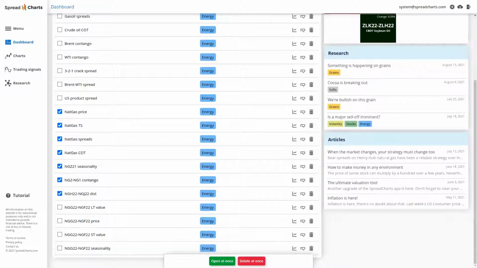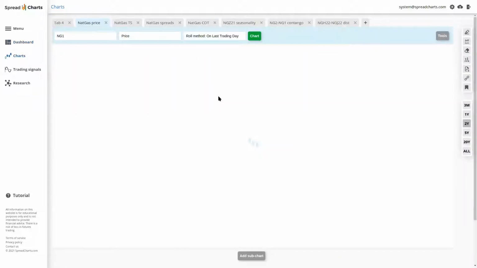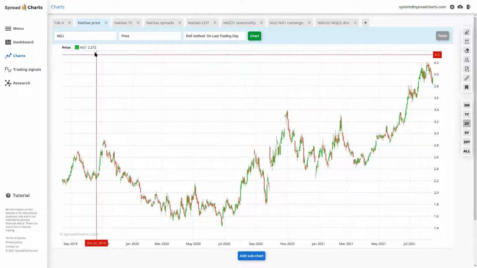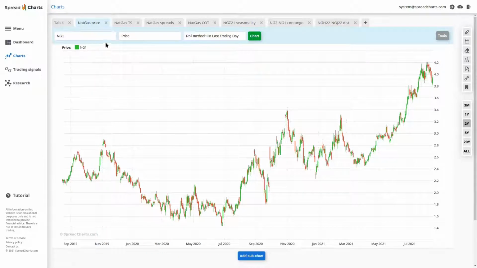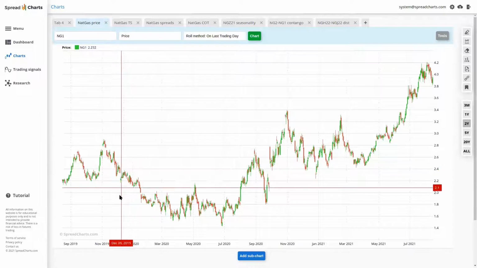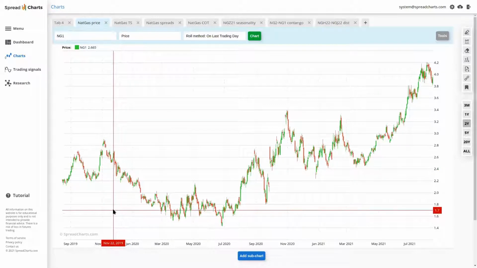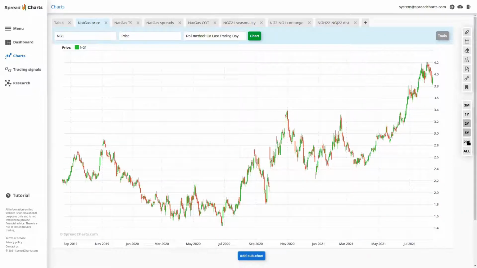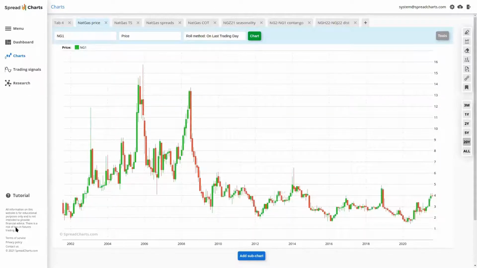Let's start just with these. And this is the price chart of the first continuous contract on Nat Gas, which means it's an artificial contract. You cannot trade continuous contracts on any exchange. It's made by connecting individual futures contracts or parts of them together so that you can create a long-term chart with really long history.